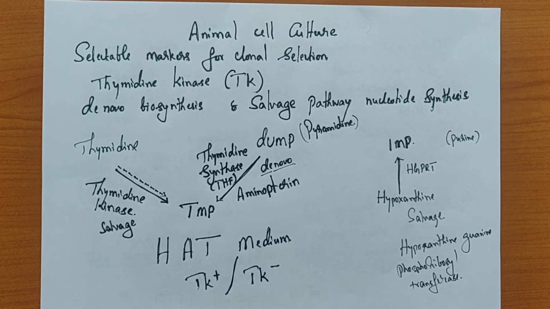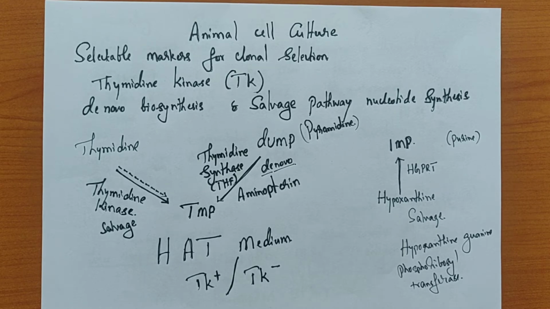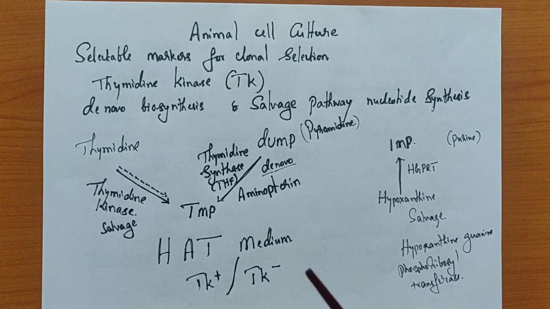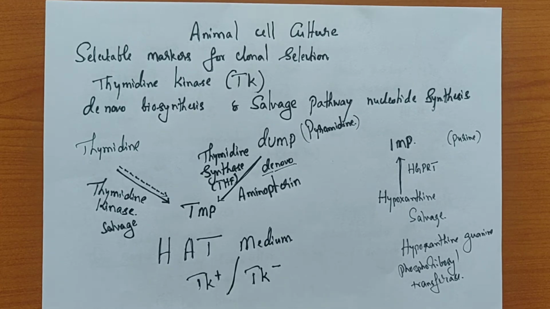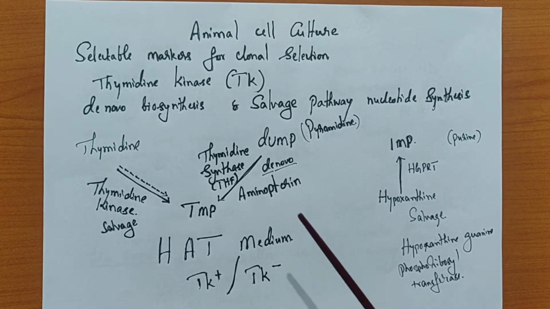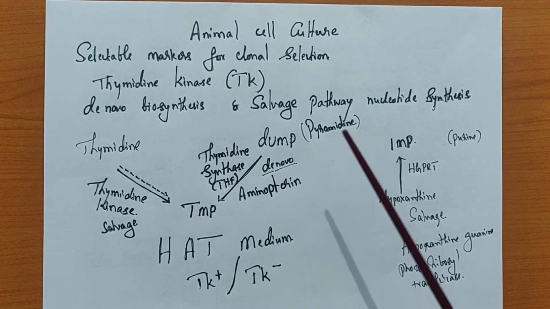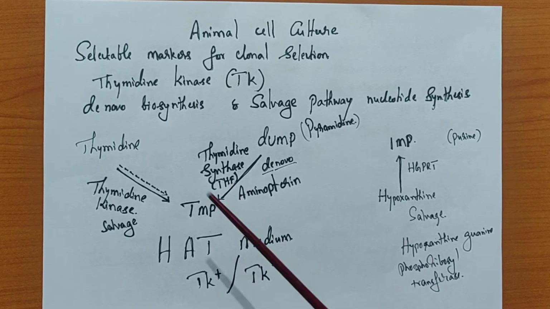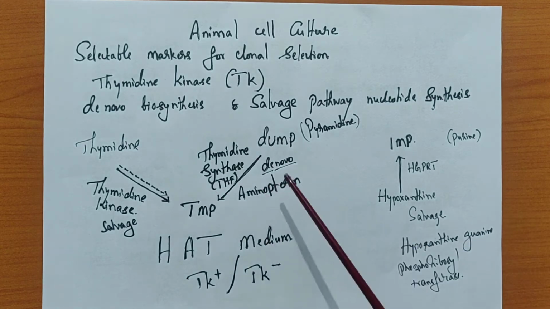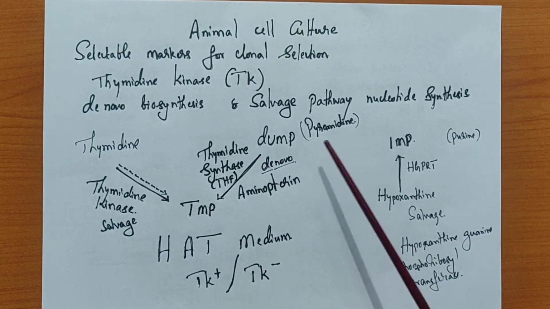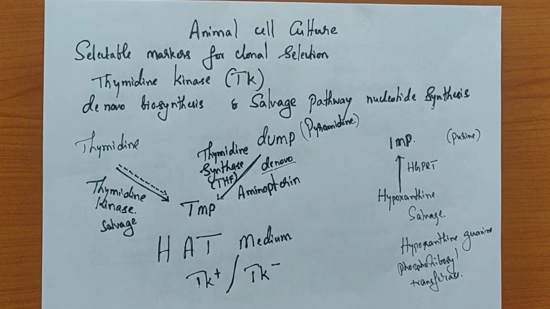So here we have to study the metabolism of key important molecules, especially the purines and the pyrimidines, because they are very important for the synthesis of genetic material, that is the nucleic acid, and very important in cell division. Now the synthesis of purine and pyrimidine can be done by two mechanisms.